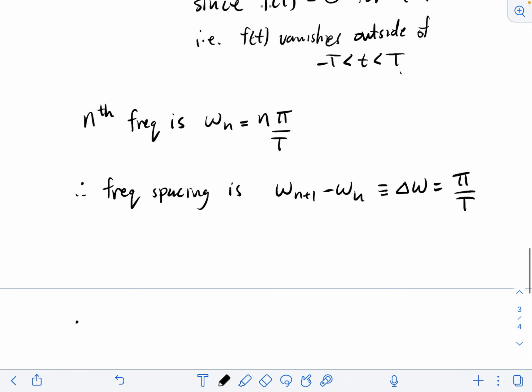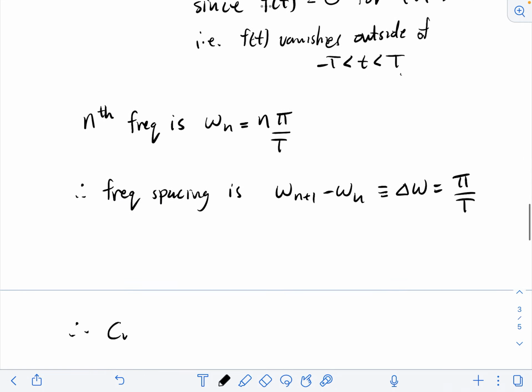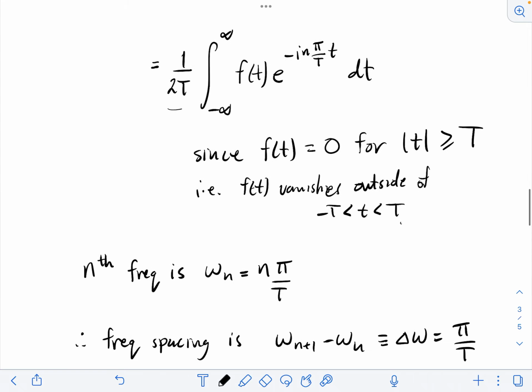And so what we could start to do is we could say, well, let's see, that allows us to write, remember what we're calculating are the Cn coefficients. Cn of T is equal to 1 over 2T, but we could write 1 over T as delta omega over pi, so it's delta omega over 2 pi.